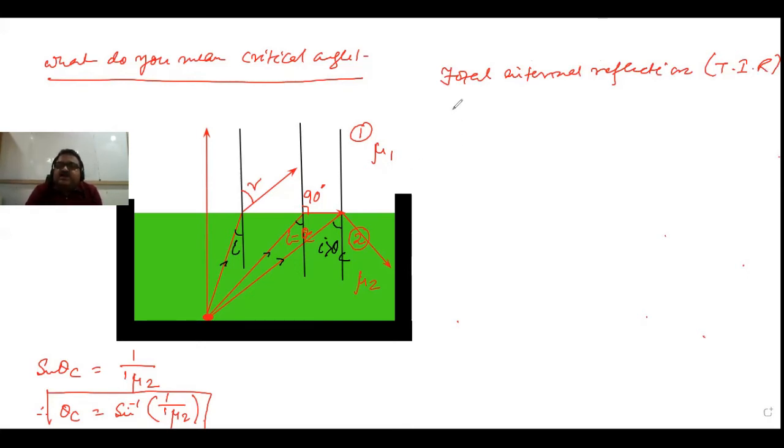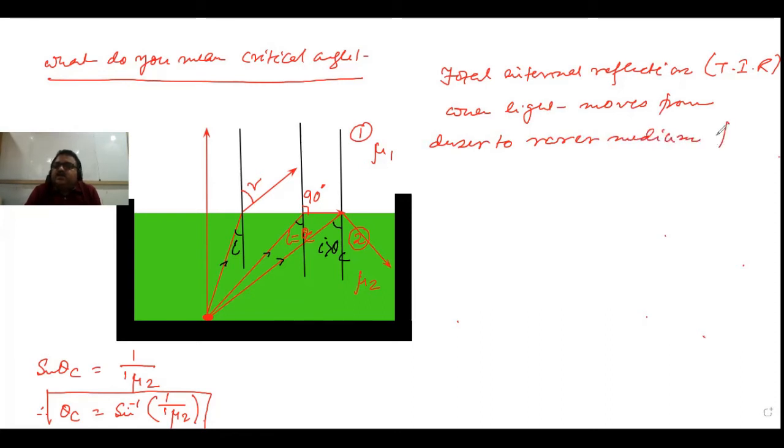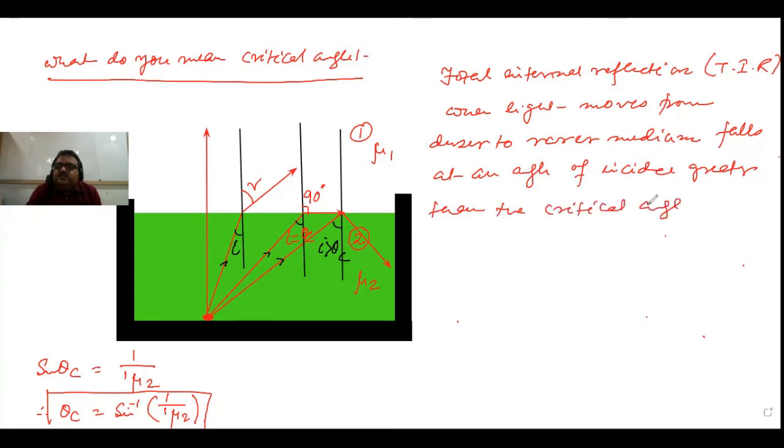Okay, so what is the definition of TIR? Now it is that when light moves from denser to rarer media, falls at an angle of incidence greater than the critical angle for that pair of media. Always remember, for that pair of media.